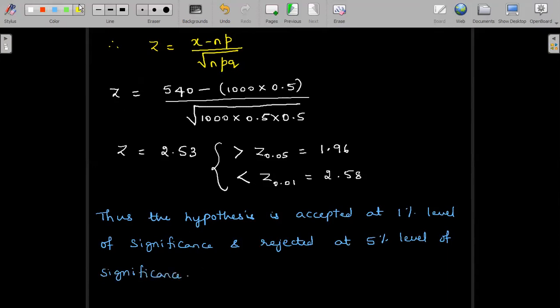So that is, coin is unbiased at 1% level of significance.